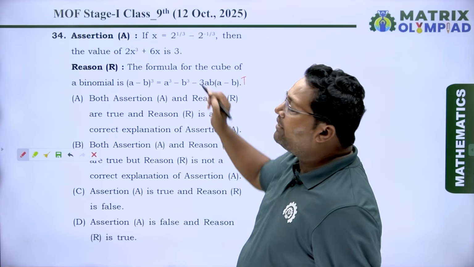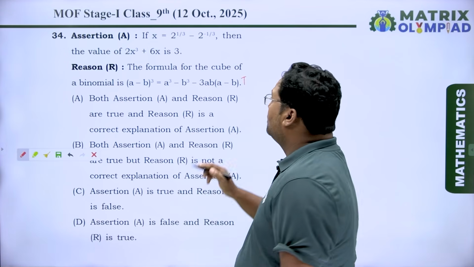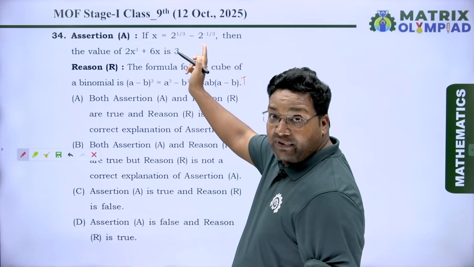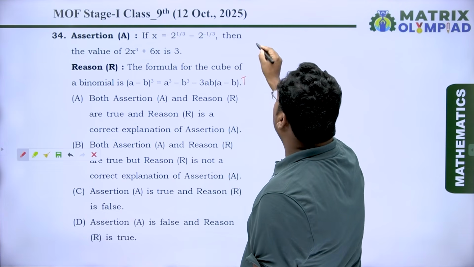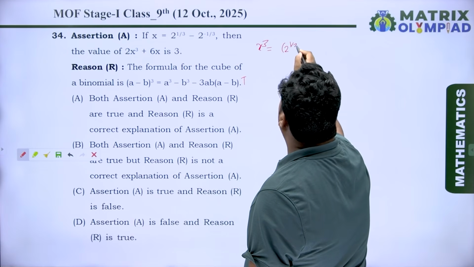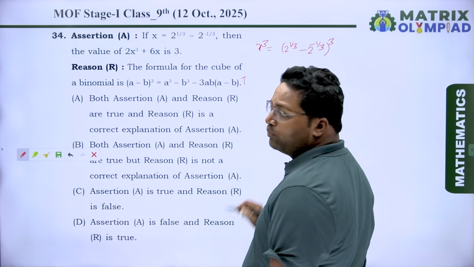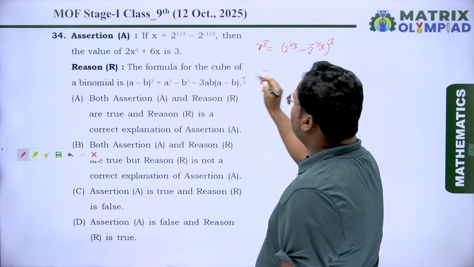Next we have to check whether the value of 2x cube plus 6x is 3 or not. So we have to take cube on both sides. So here x cube is equal to (2 to the power 1 by 3 minus 2 to the power minus 1 by 3) whole cube. Now we have to apply this formula here.